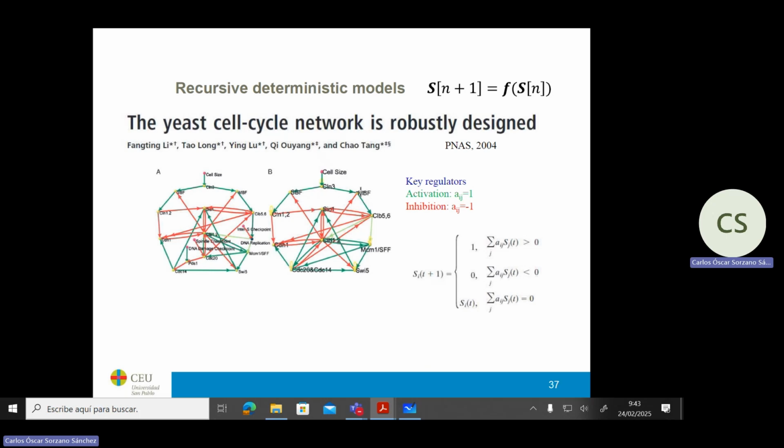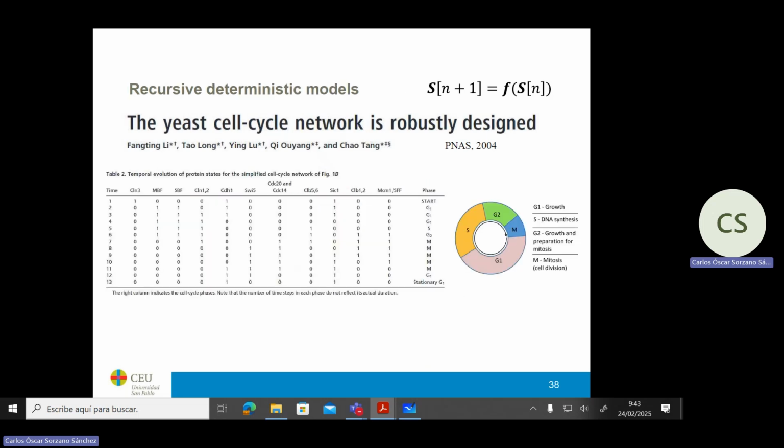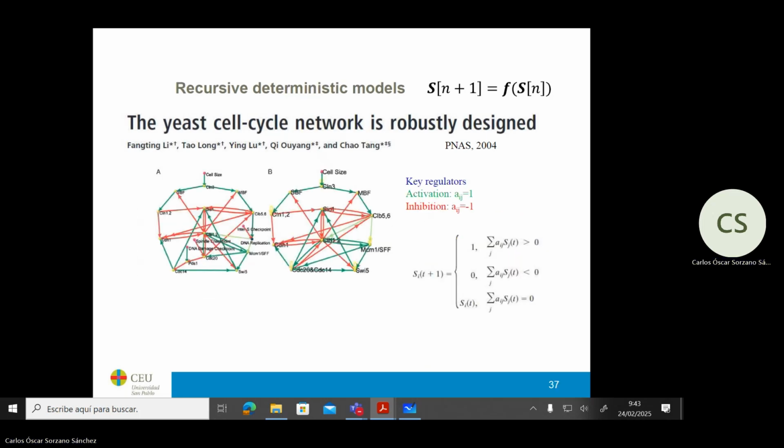The state is defined as 0, 1, or the previous state, and 0, 1. So these arrows take values 1 or -1. The state of each one of the genes is 0 or 1.